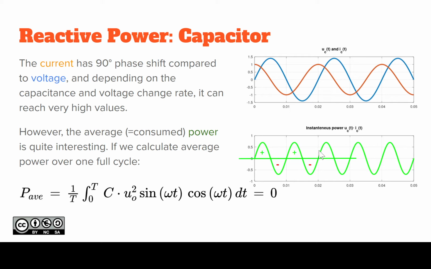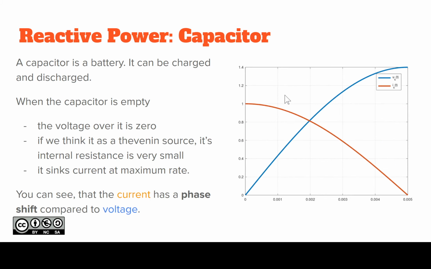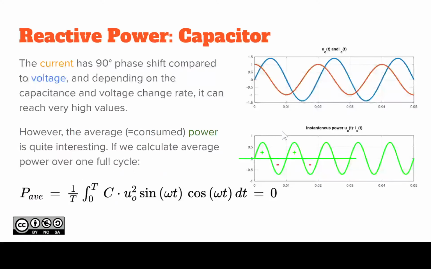And it goes up and down, meaning at this place here, positive, we are charging the capacitor until it reaches this highest voltage. Then at this part, we are discharging the capacitor.